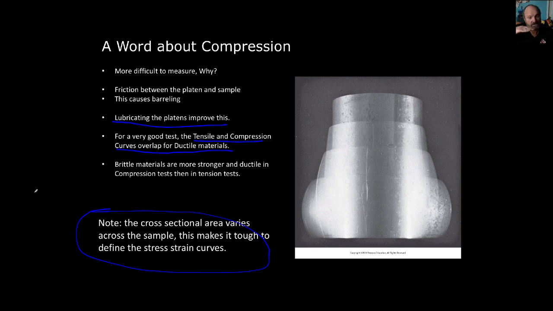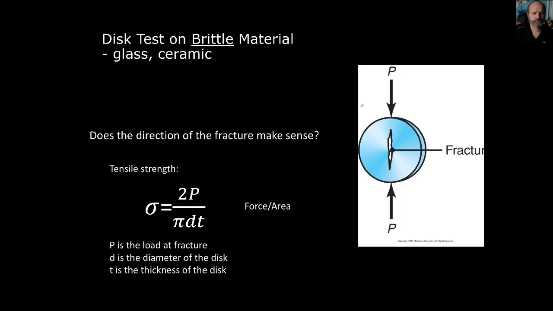Now if I'm compressing it and it starts to barrel, then that cross-sectional area isn't constant in the lateral direction. So you have area changing as a function of the Z direction because of the barreling. The cross-sectional area here is different than the cross-sectional area here. Now if you lubricate it, it'll stay more or less constant. So think about that a little bit.